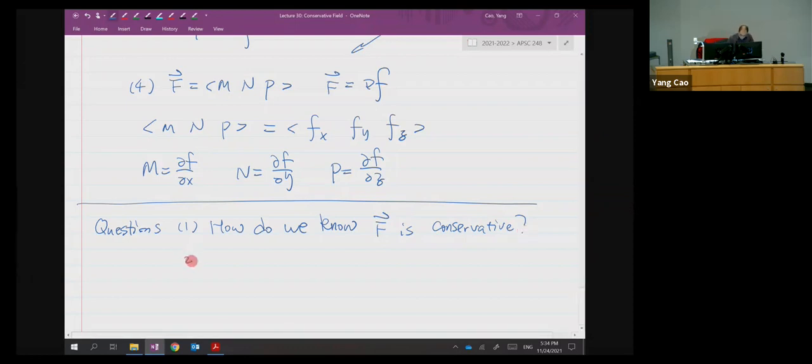That's something we need to be able to figure out. And the next thing is, suppose you actually find out that F is conservative. Suppose you somehow figured it out. Then the next question is, what is its potential function?